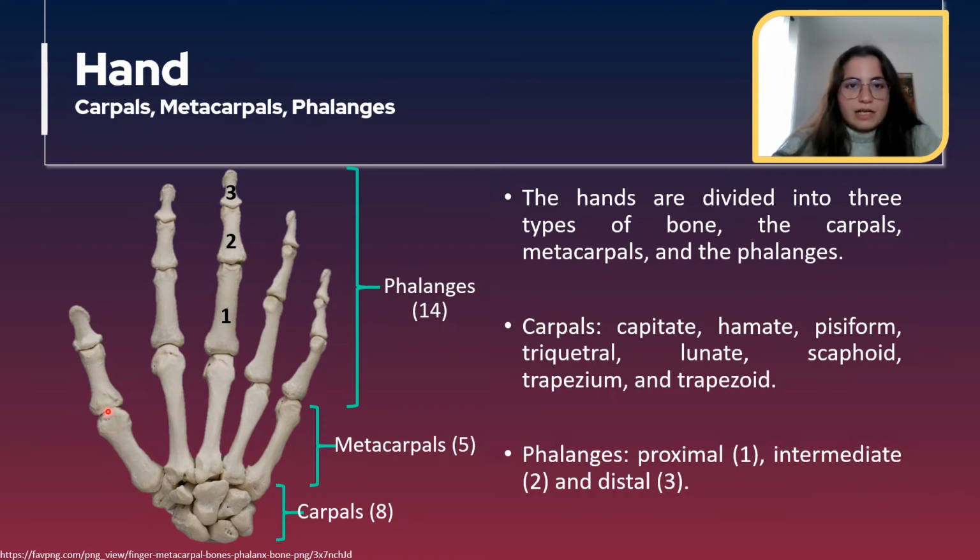And the first metacarpal belongs to the first finger, which is the thumb. And then there are 14 phalanges, and the phalanges can be divided into proximal, which are these ones, intermediate, these ones, and then the distal phalanges, these little ones.